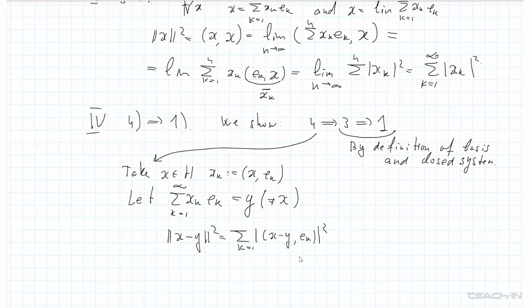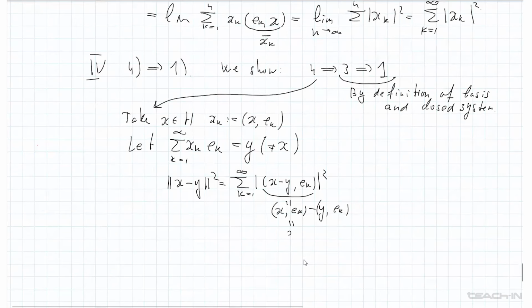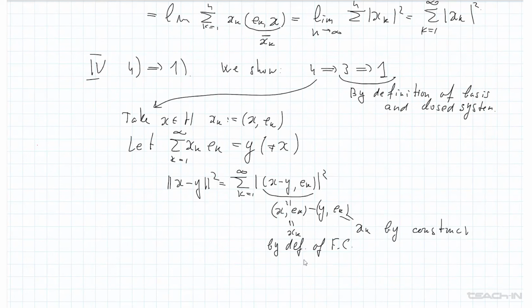It is from the property of the Parseval identity, and this again equals the scalar product of x and e_k minus the scalar product of y and e_k, and again this equals x_k by definition of Fourier coefficients, and this equals x_k by construction of y.